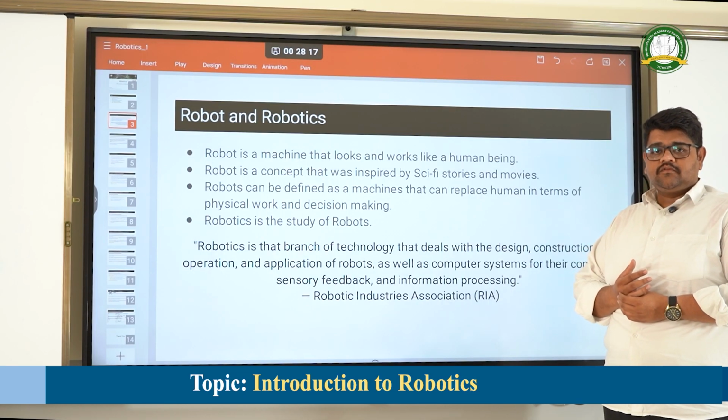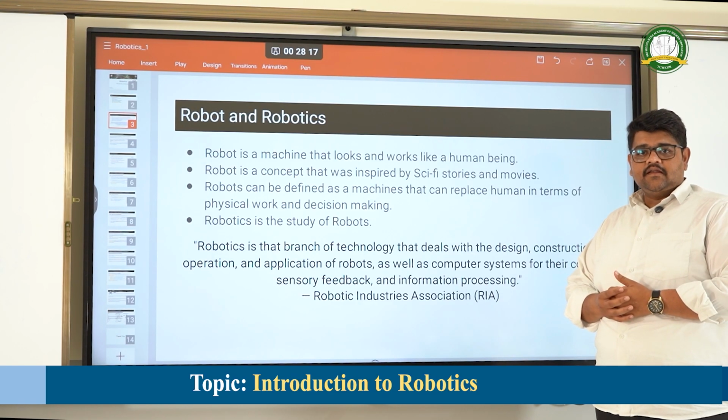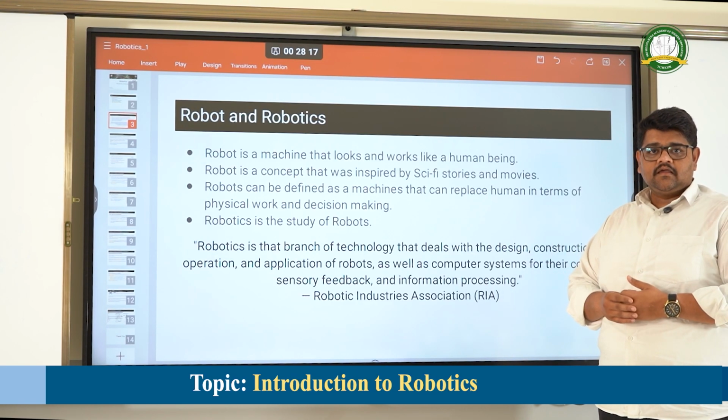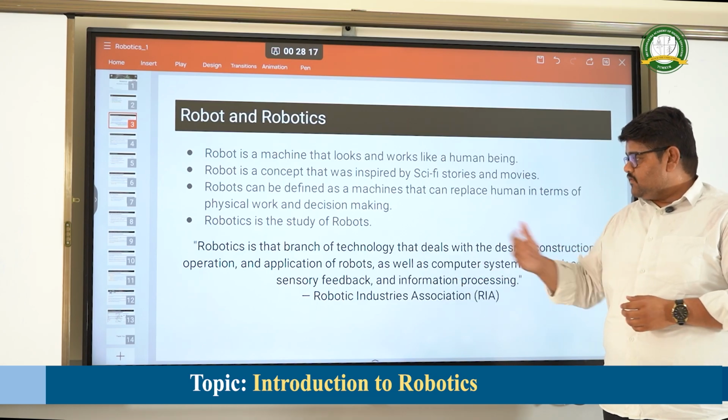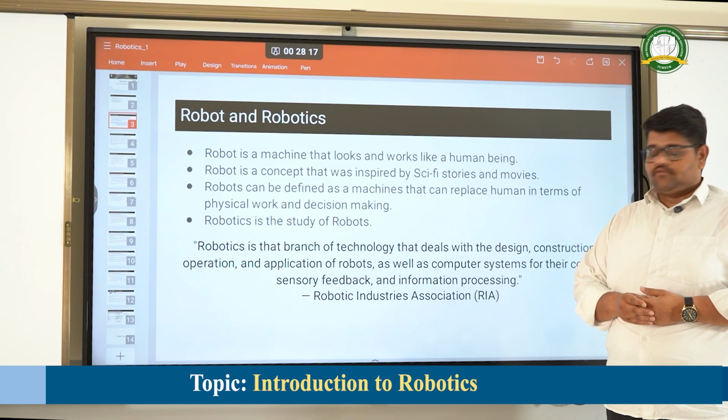Not just the robots, but the control system or the computer system that can process the data, sense the feedback and control the robots.